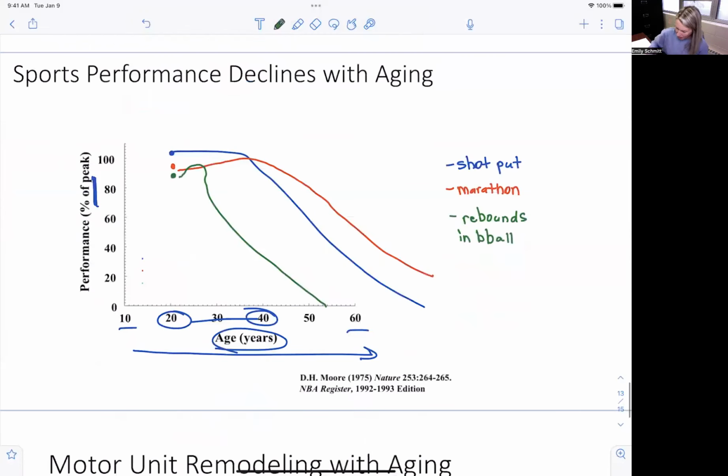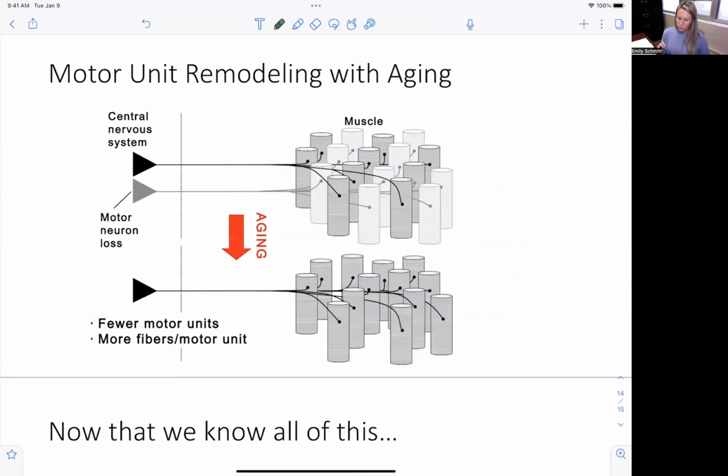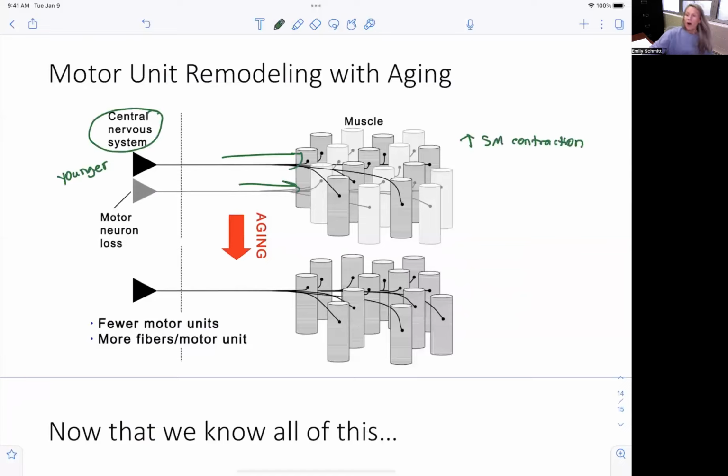So one of the reasons why we have this sort of decline in sports performance is due to motor unit remodeling and motor unit recruitment. So when we talk about our central nervous system, whenever you are younger, it's really good at recruiting motor neurons that then innervate the muscle, that then have an increase in skeletal muscle contraction, reaction time, all of these things that we're good at because of our central nervous system at younger ages.